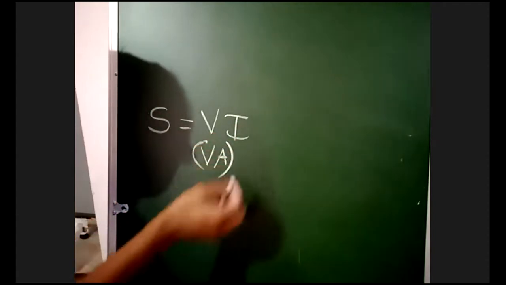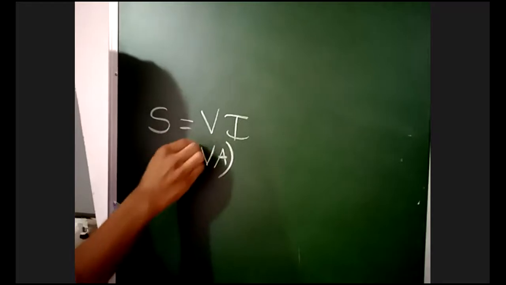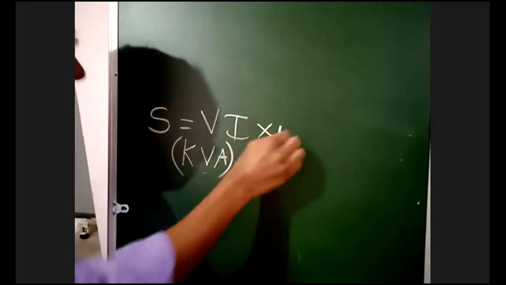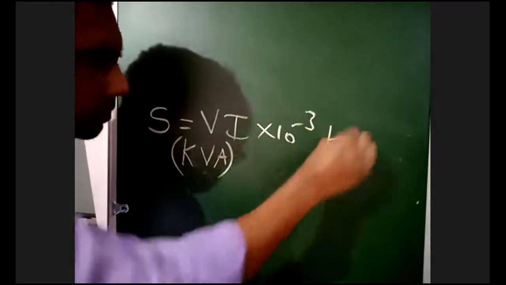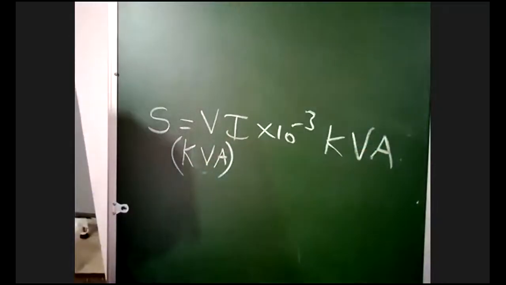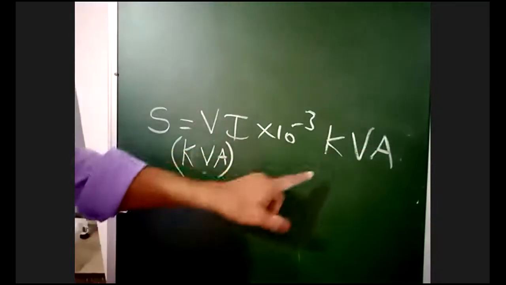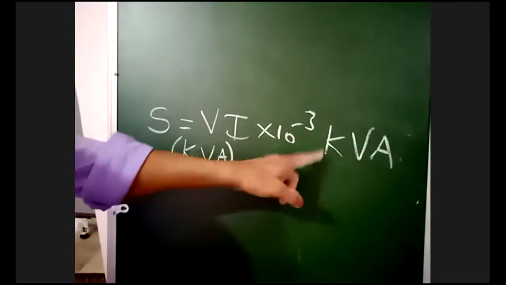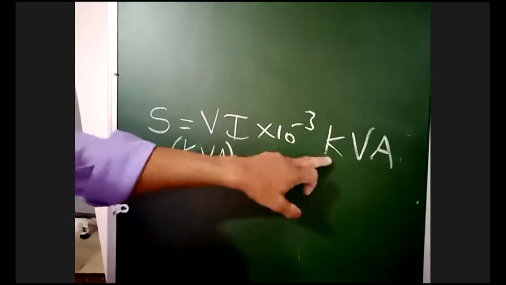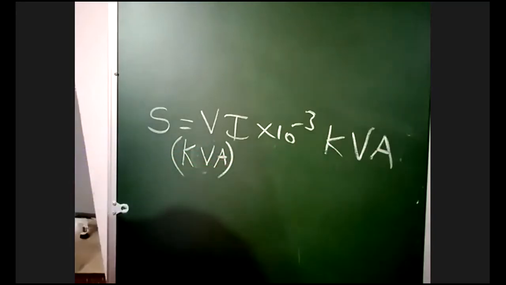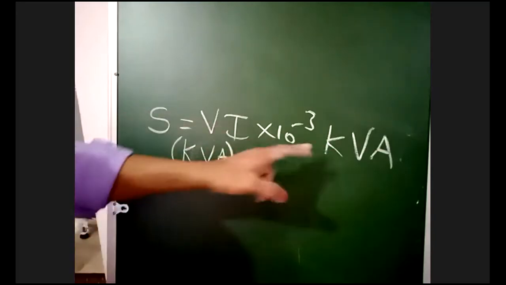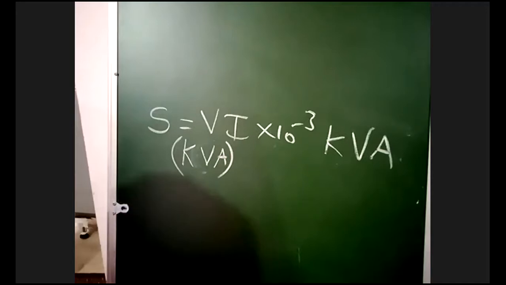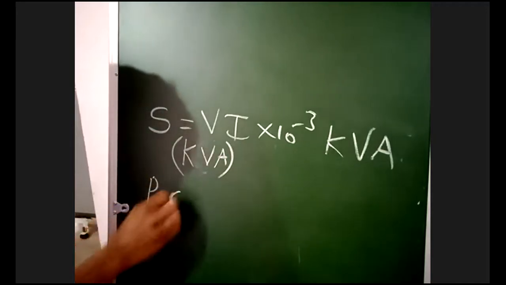The unit is volt ampere, but they are taking it as kVA. Kilo means 10 cube. Generally, they will represent the transformer rating only in S, but not in P and Q.